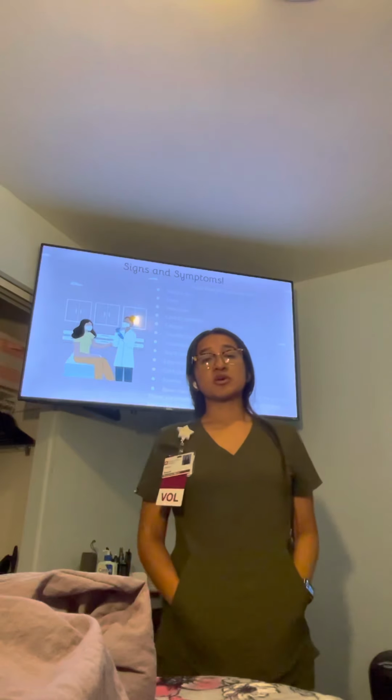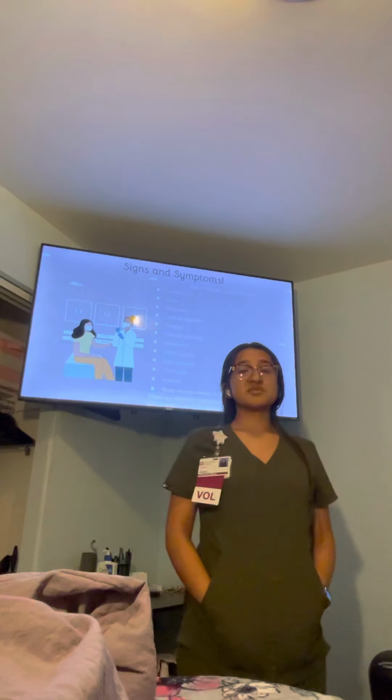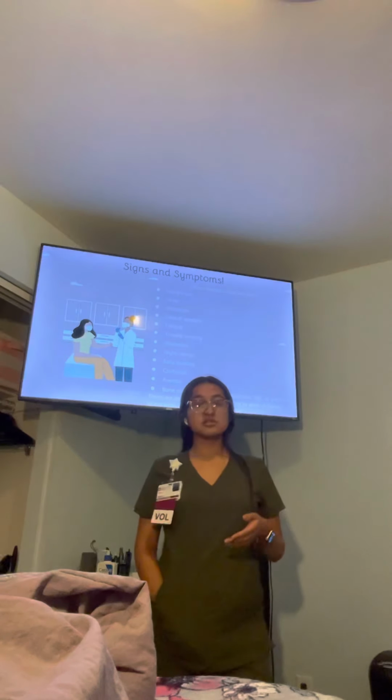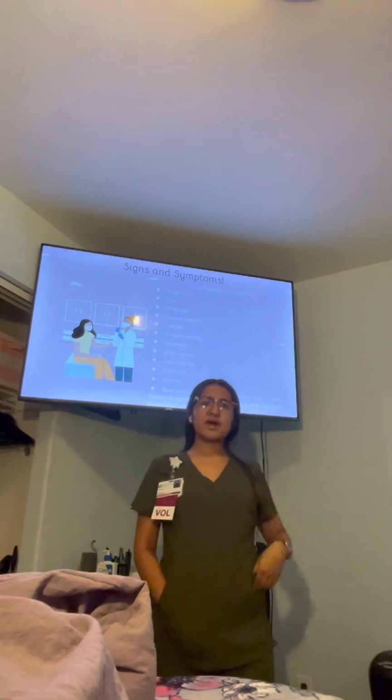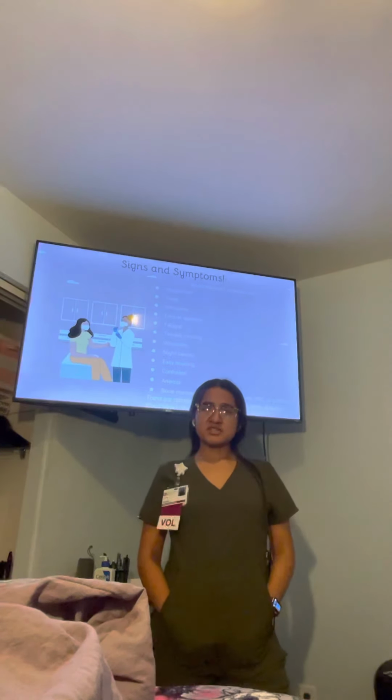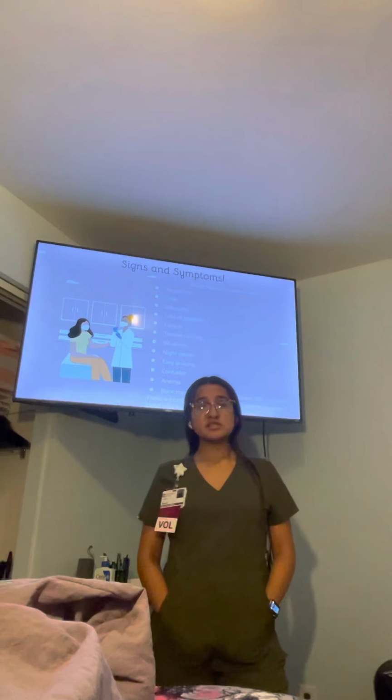Things to look out for in patients would be weight loss, fever. They become more prone to infections, have a loss of appetite, fatigue. Because it is a cancer of the blood, their ability to form blood clots has been compromised.